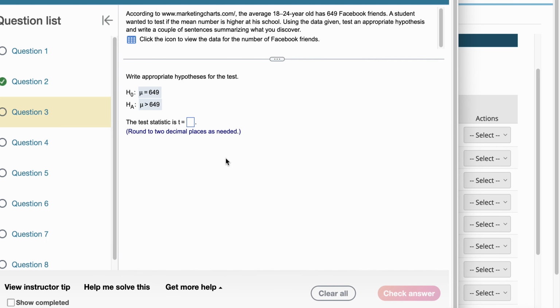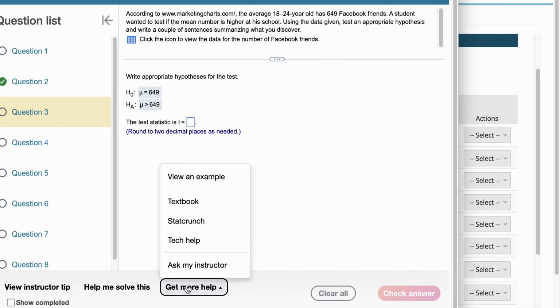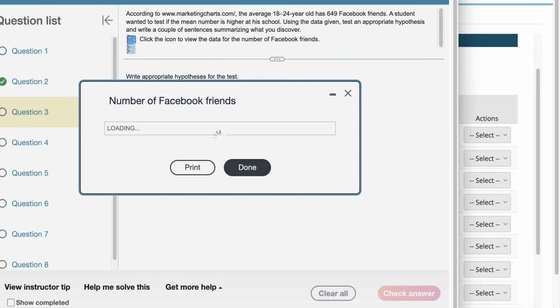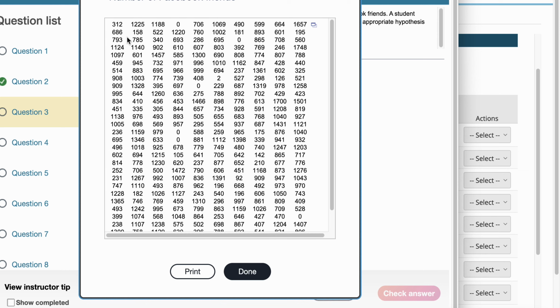Okay, the t-statistic. Well, we're certainly not going to do that by hand. What are we going to do? We're going to go to Get More Help. And no, we're going to click on the icon to get the data, because there's lots of data. Wherever you see an icon, click on it.